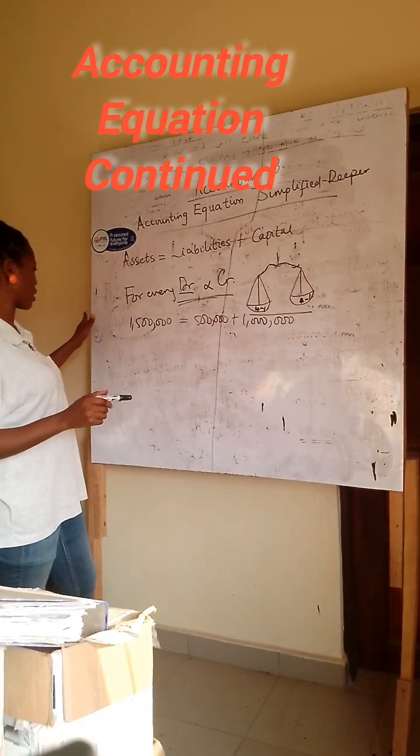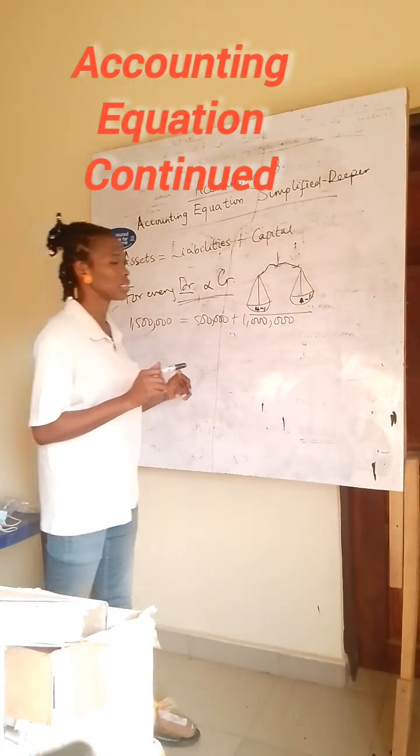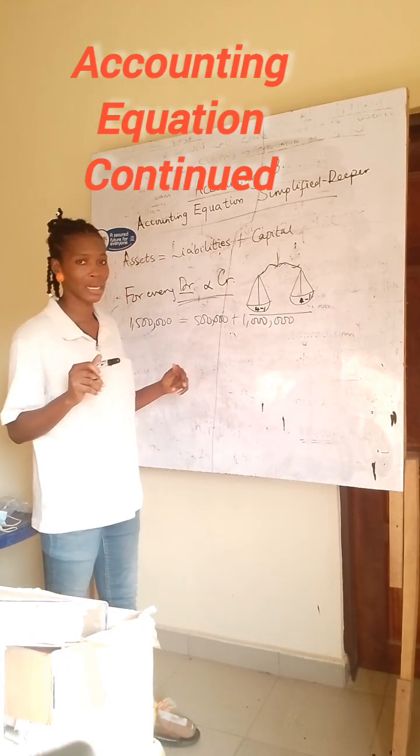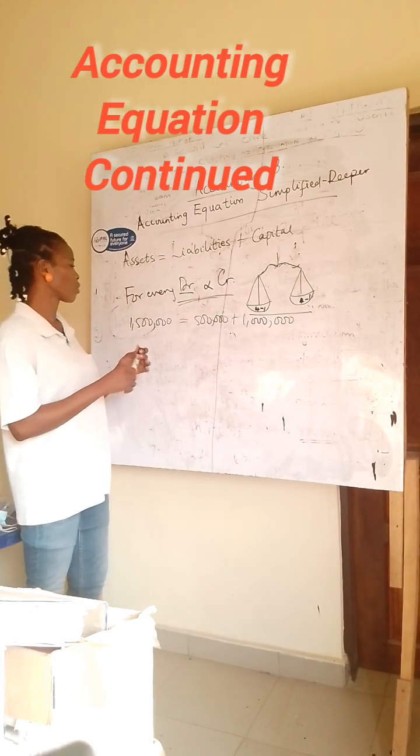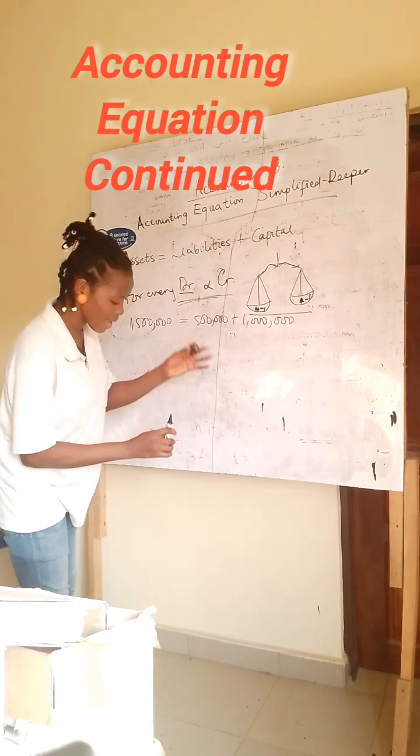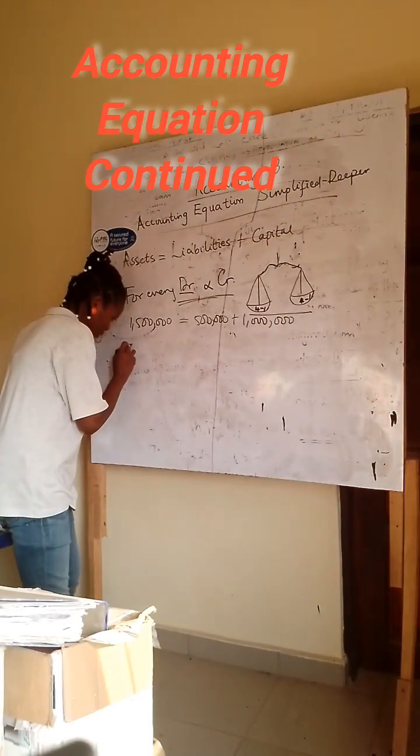Now, if for any reason your assets change, what can change your assets? Several things can, but I'm going to give you a very simple logic for us to understand increase and decrease in assets.